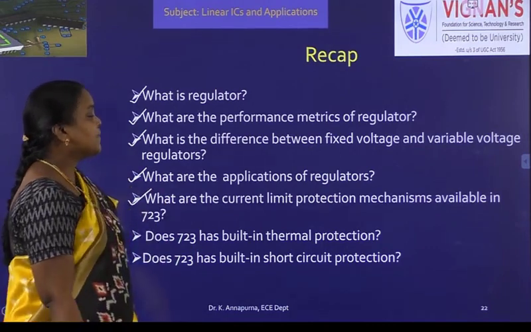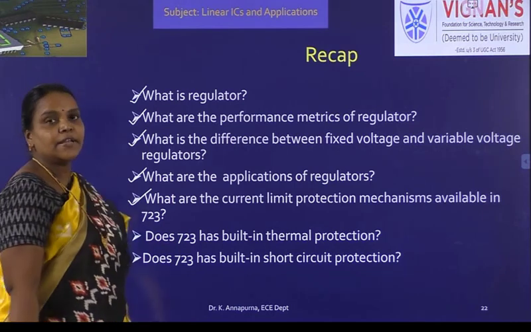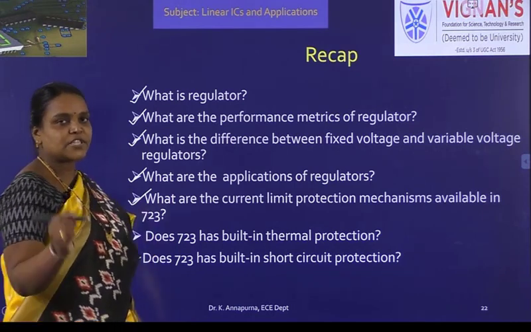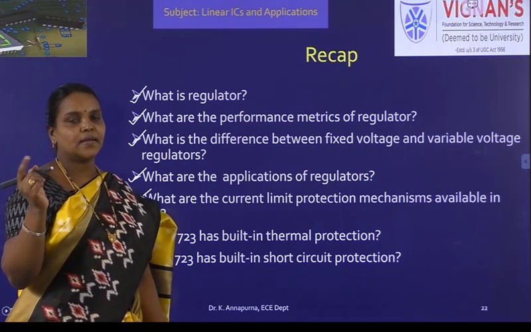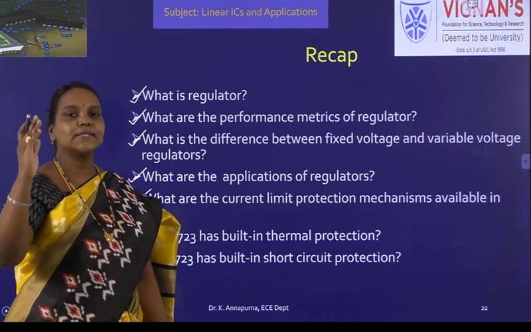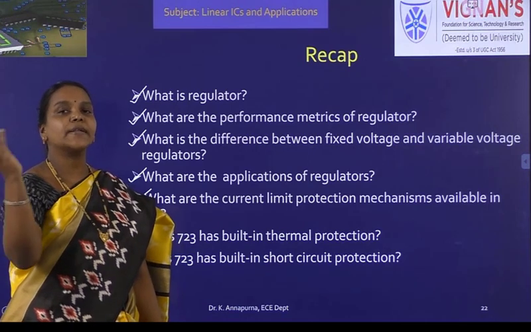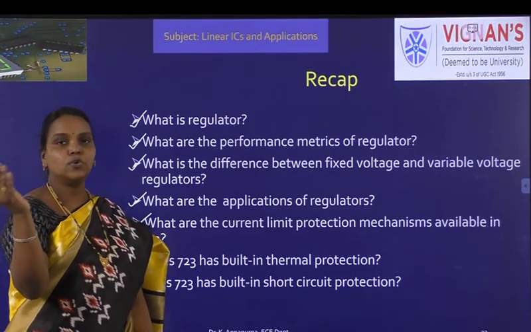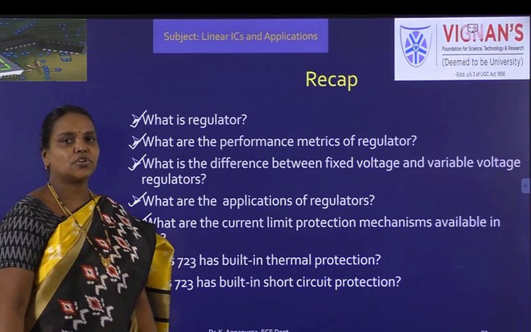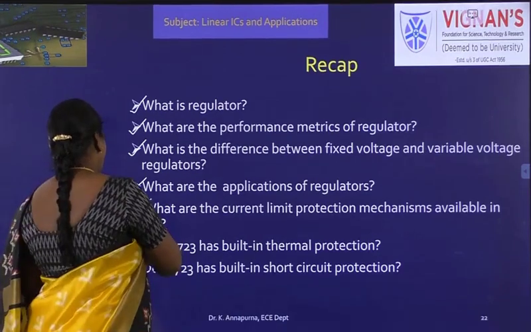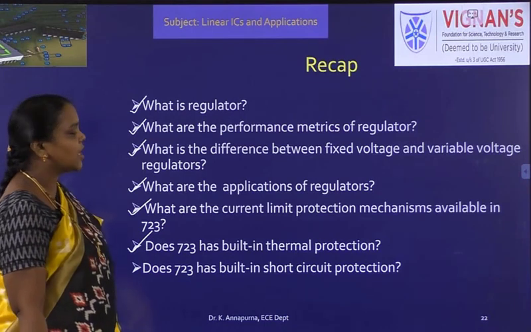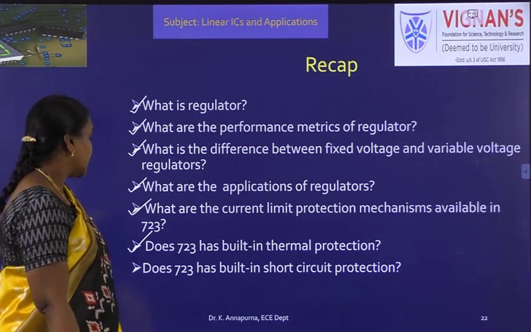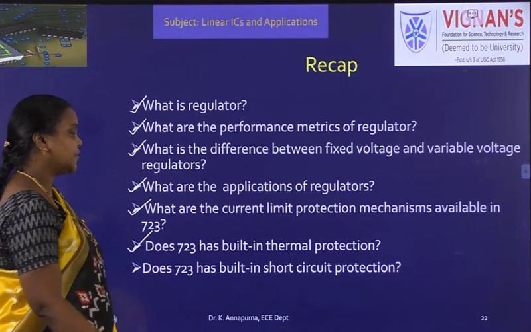What are the current limit protection mechanisms available in the 723? The first one is current limit protection and the second one is current foldback. That is, whenever the load current reaches some maximum limit, automatically it takes it to very low values or 0. Does the 723 have built-in thermal protection? No. Does the 723 have built-in short circuit protection?